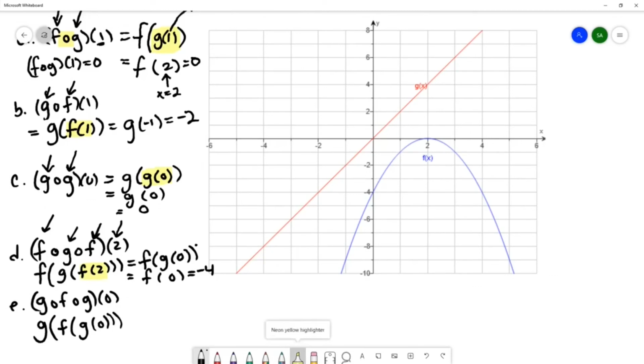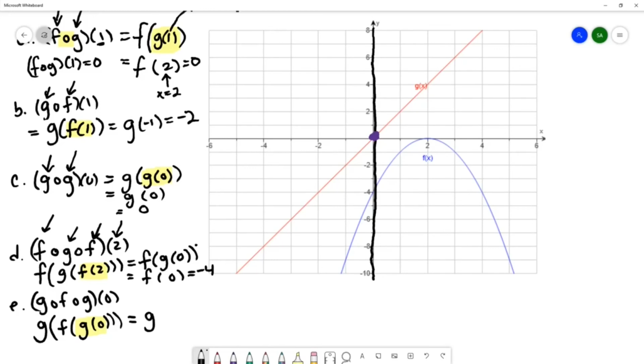So we're going to start with g of 0. Along this vertical line, these are all the points on the graph that have an x-coordinate of 0. We're interested in this point here because that's the point that crosses the graph of g. g of 0 is 0 because the y value at that point is 0.